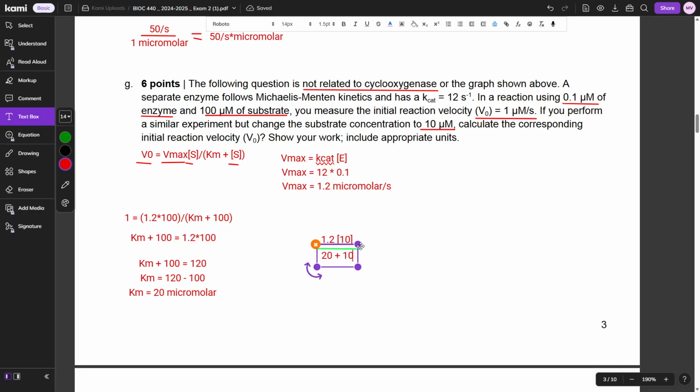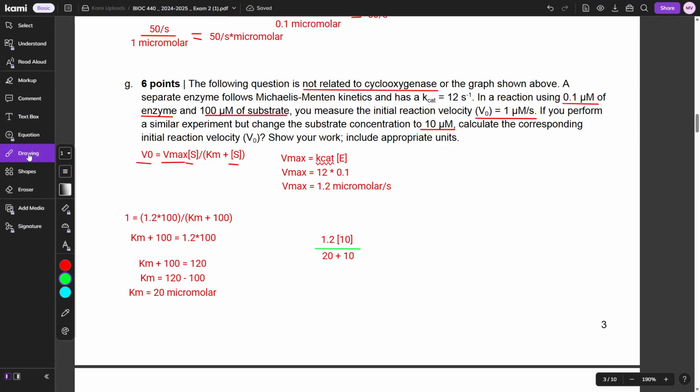Because we're using this new substrate concentration, it's 10. When we were calculating Km, we used the old one because we knew what the V naught was for that old one. We have no idea what the V naught is for this new one, and we're trying to figure that out.